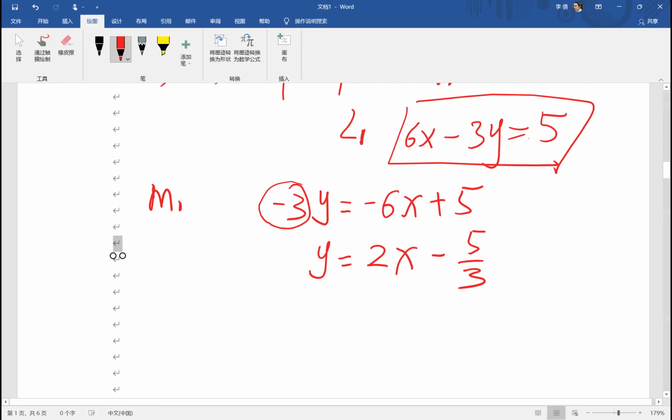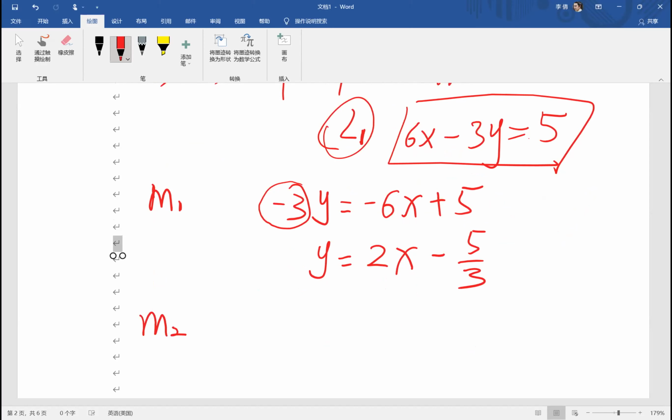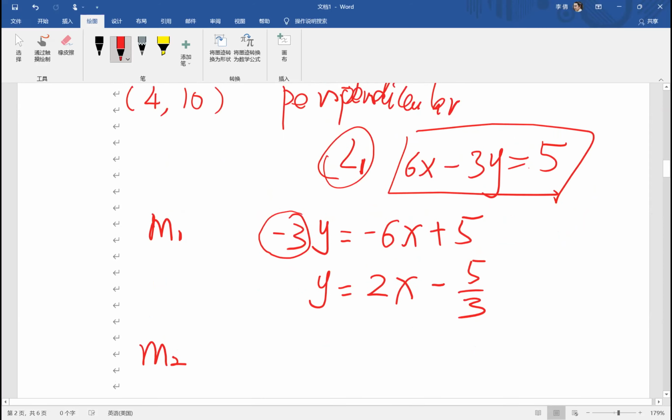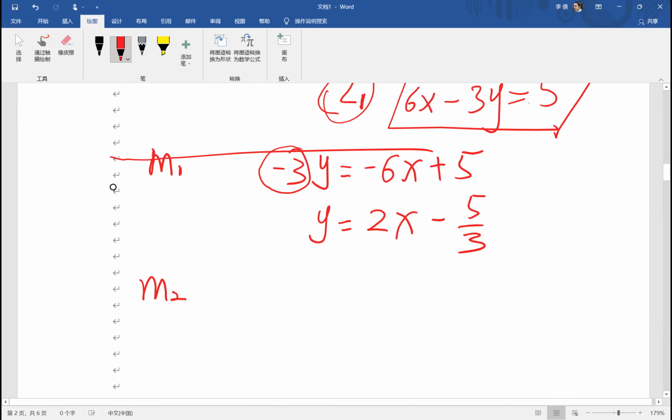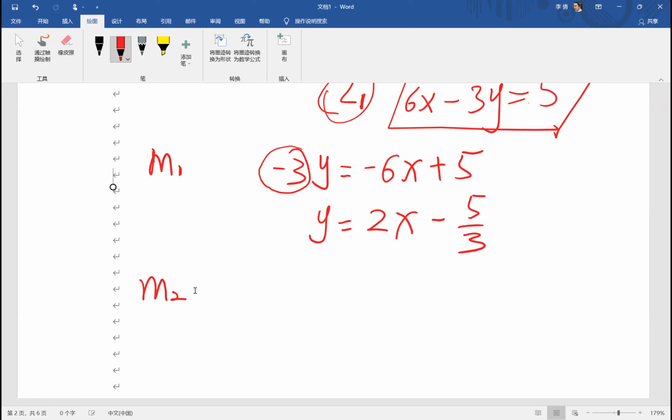So the equation of this line L sub 1 is y = 2x - 5/3, and then we will get m sub 2, the slope of the other line. m is equal to -1/2, right?